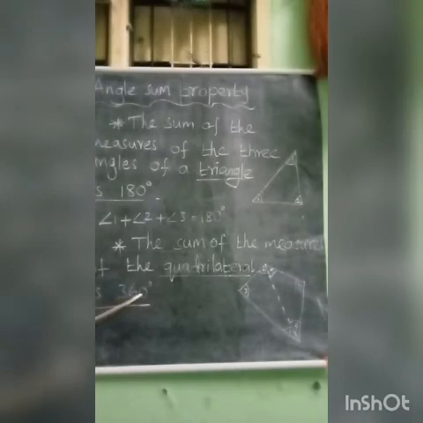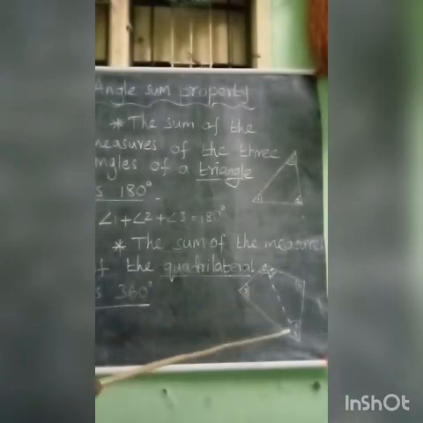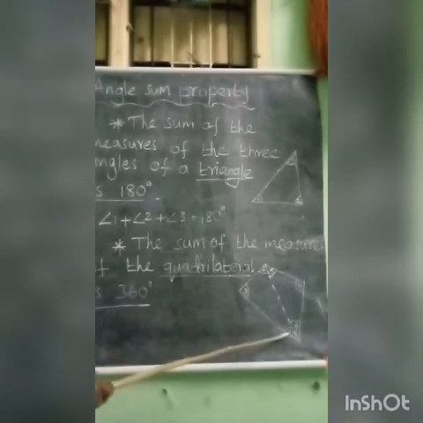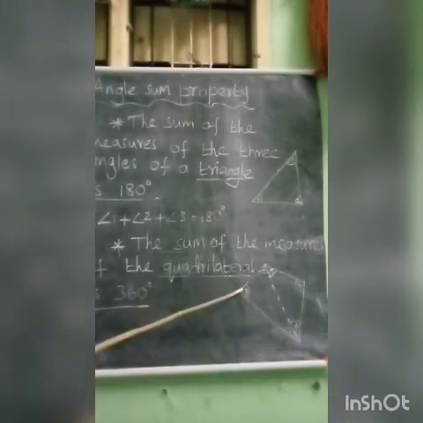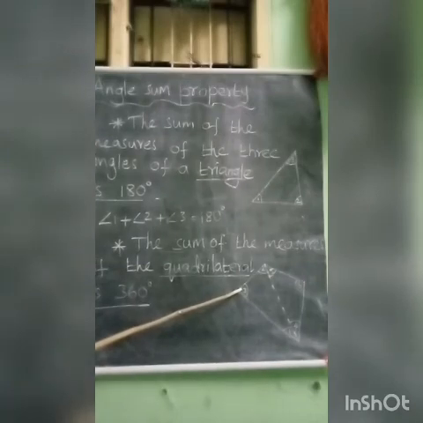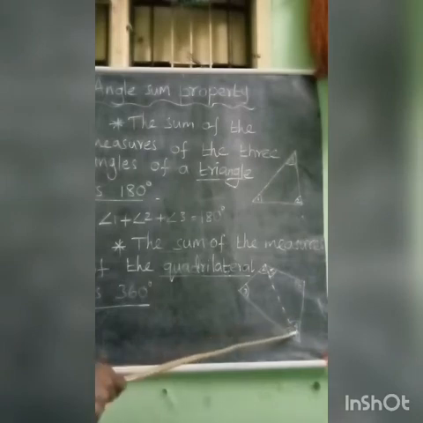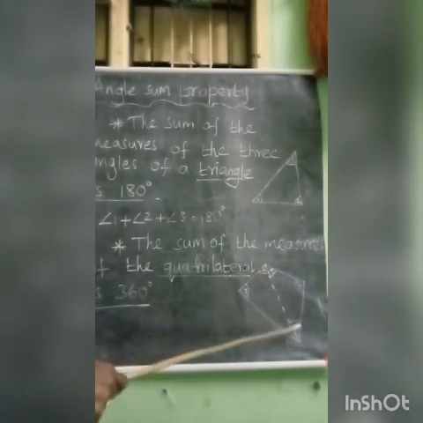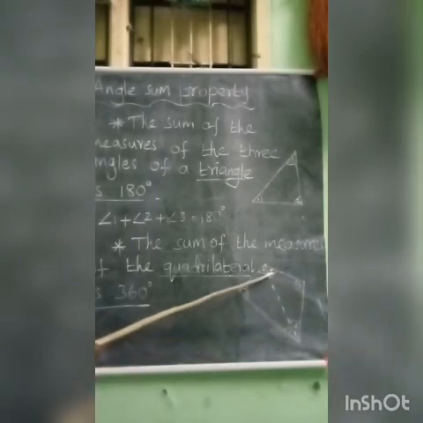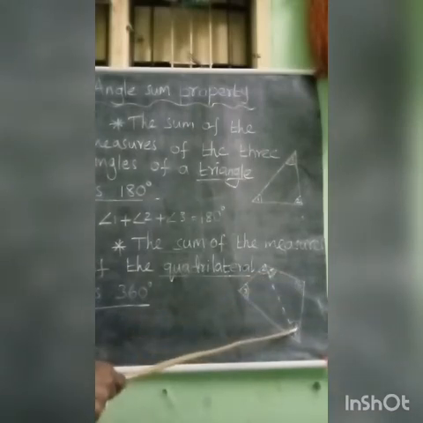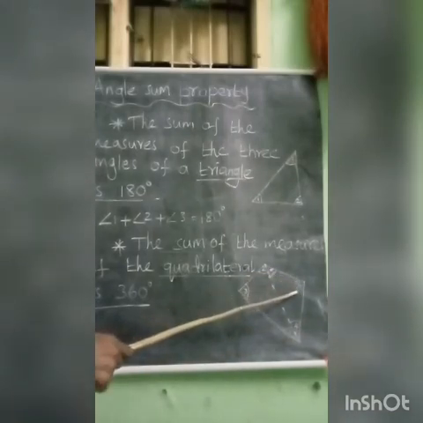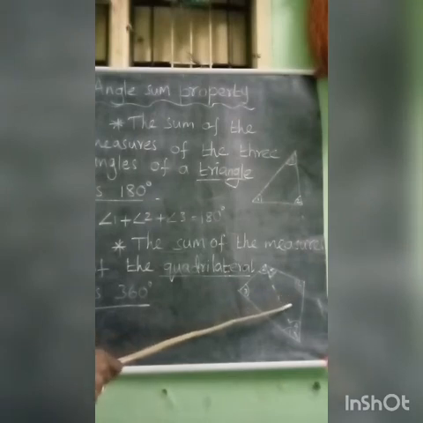Now, you can split the quadrilateral into 2 triangles like this. The first triangle: angle 1 plus angle 2 plus angle 3, the sum of these 3 angles is 180 degrees, and also angle 4 plus angle 5 plus angle 6 is also 180 degrees.